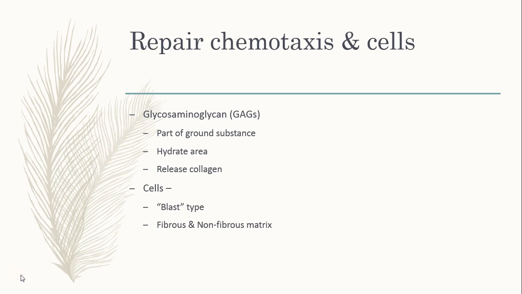Again, this is our chemical reaction that's happening in your body. So your GAGs are your glycosaminoglycans, okay? And they are part of that ground substance, or the molasses, hay, granola analogy I made up. They hydrate the area. They release collagen fibers in order to create more scar tissue.